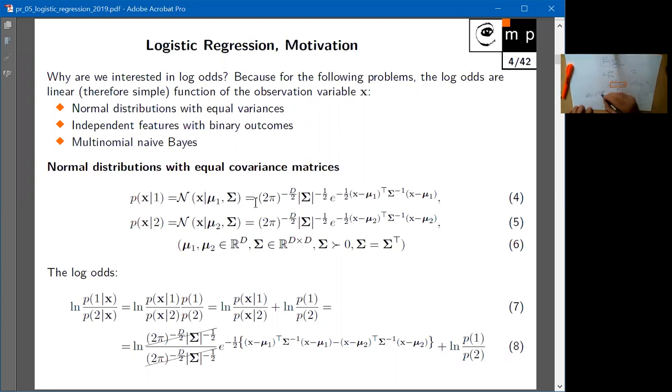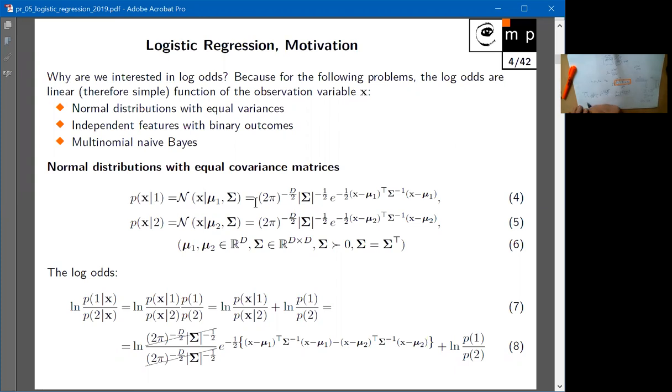Imagine you have the ith dimension, and you have independent Gaussians. If the question was, what is the probability of x1, x2, x3 up to xd, if they were independent? Well, it would be a product of such distributions, with sigma 1, sigma 2, e to the minus 1/2 (x minus mu 2) squared over sigma 2 squared, and so on.